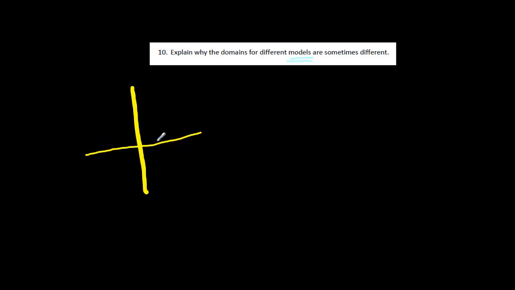If I'm looking at the domain for that model, when I know that the domain is a set of all times, the domain has to be x greater than or equal to 0, because time only deals with positive time, like 4 seconds, 8 hours, things like that. It doesn't make any sense to have -4 hours. So it has to be the set of all x's such that x is greater than or equal to 0. You could have 0 time and positive time, but not negative time.